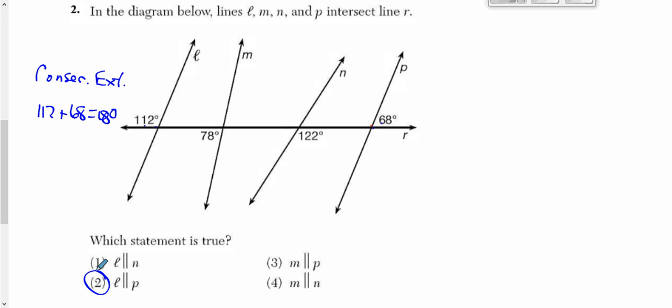Right? So we verified that, right? Here's another way we could do it. So we know that's 68, right? What's the measure of this angle here? 180 minus 112 is what? Right, linear pair, 180 minus 112 equals 68 degrees.